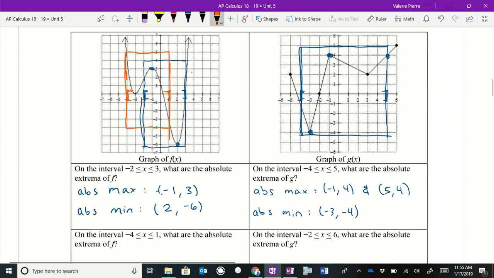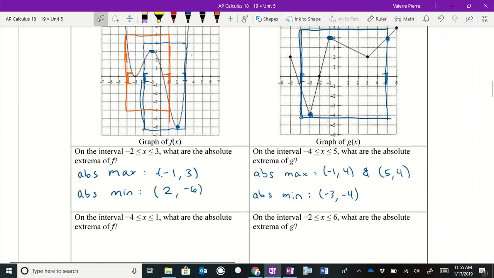Okay, so then on that interval, the absolute max, the highest point here, is in this corner, which is at (-4, 5). And our absolute min occurs right about here, which is at the point (1, -3).